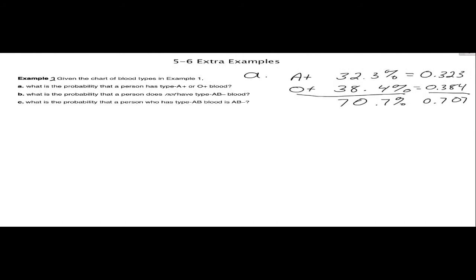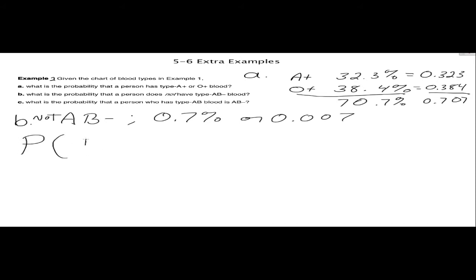Okay, part B is we're looking for what is the probability that a person does not have type AB negative blood. So we want the not AB negative, and that is from the table 0.7% or 0.007. So this is the probability of any blood type minus the probability of AB negative.